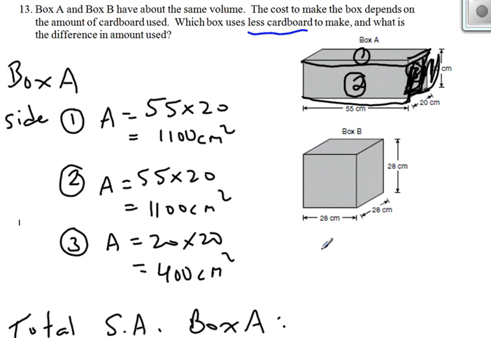Now let's look at box B. So box B, if you look carefully, is a cube. Ooh, I love working with cubes because every single one of the 6 sides is exactly the same. So all we have to do is find the area of one side and multiply it by 6. So each side is going to be 28 times 28.